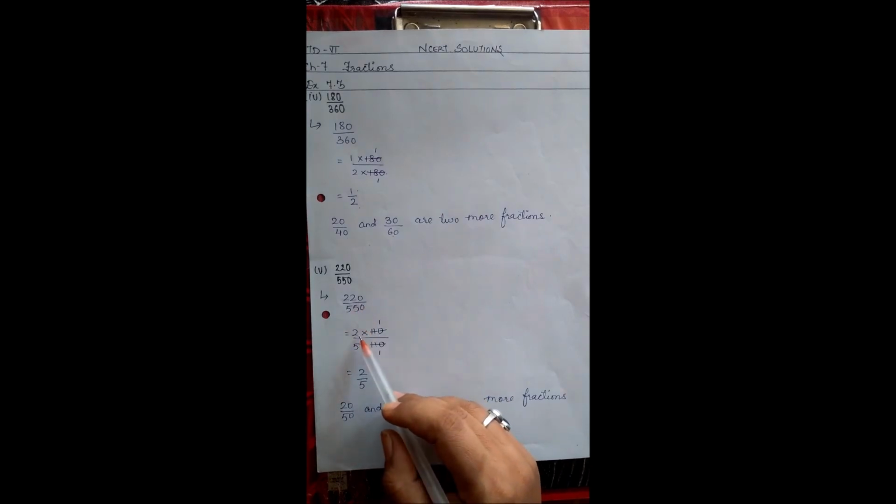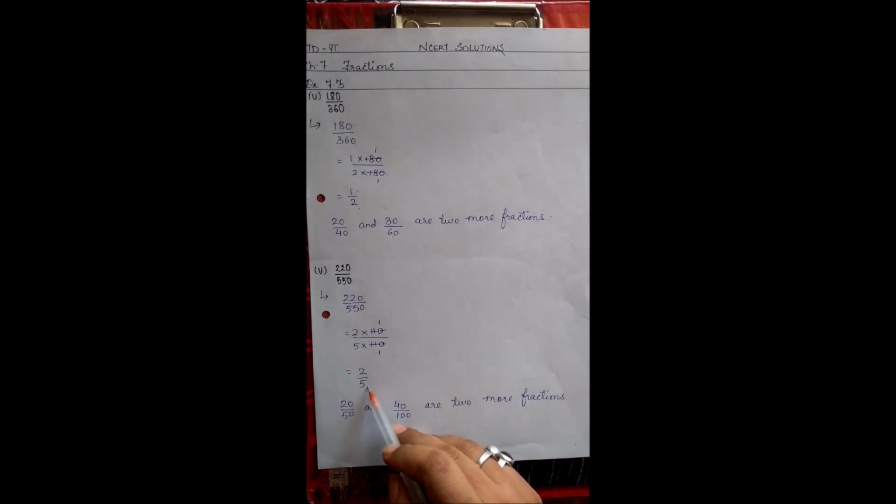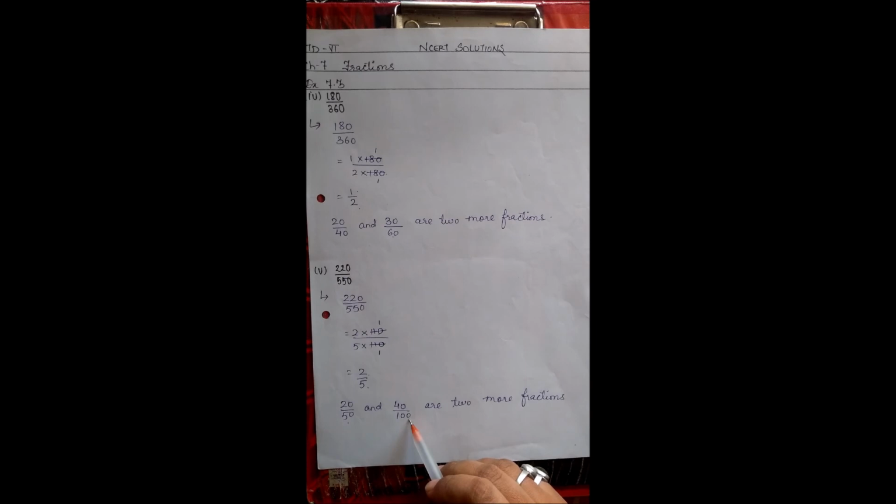So 2 into 110 and 5 into 110. 110 will cut. Required fraction is 2 by 5, and the remaining two fractions are 20 upon 50 and 40 upon 100. So this was exercise 7.3 of chapter 7 Fractions of standard 6 NCERT solution.